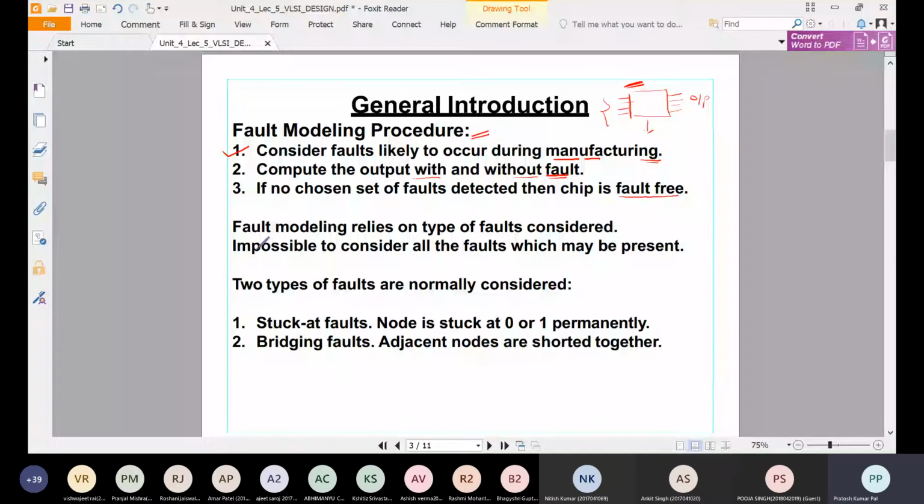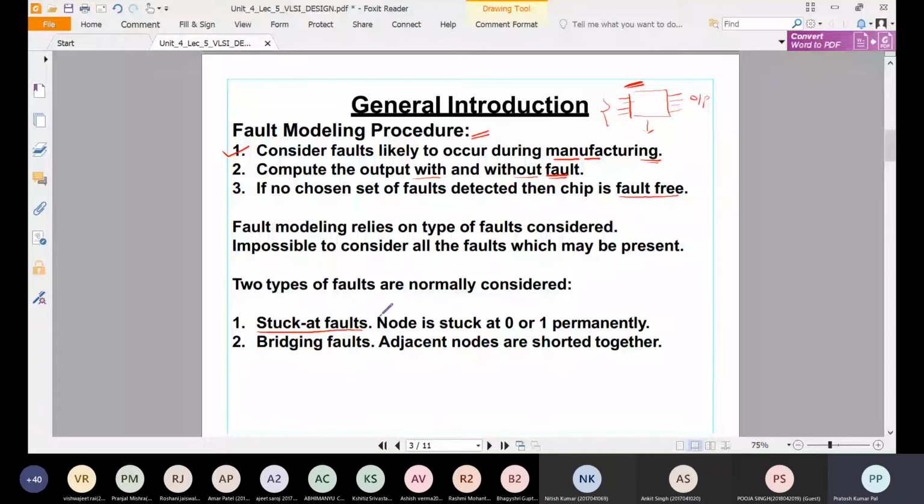So fault modeling relies on the type of faults considered. There are basically two types of faults we will be considering, or basically we will be considering the logical faults. In logical faults, stuck at faults will be considered, and these stuck at faults are the faults that occur at a particular node, making that node either 0 or 1.